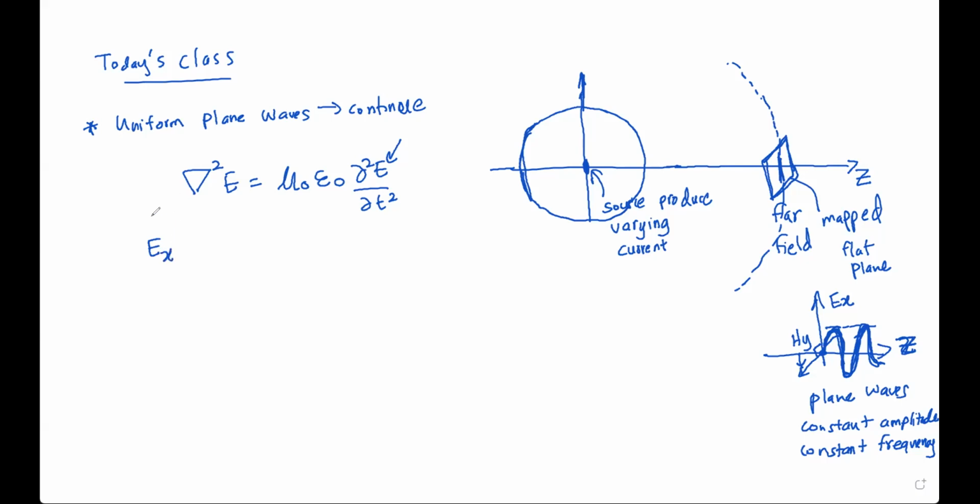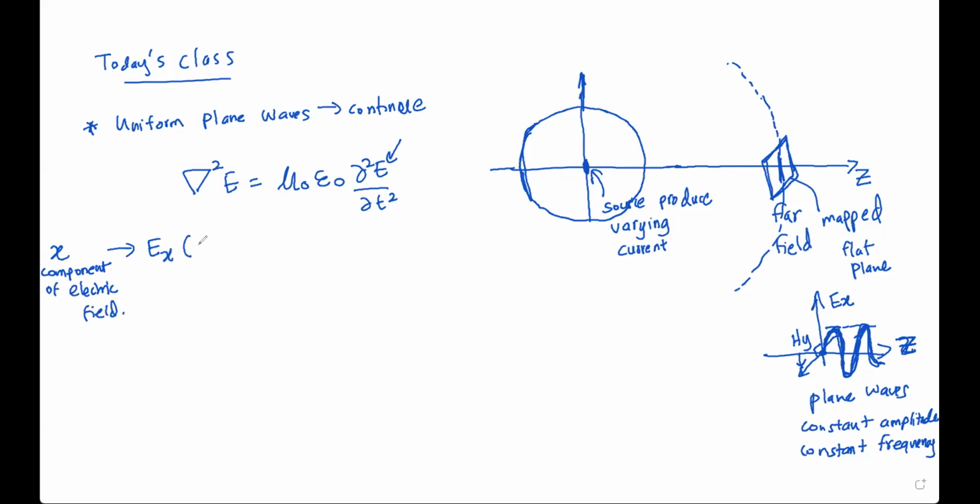So let's consider the X component of the electric field, and we will study the behavior of that electric field component using this wave equation. We are going to only take the x component of the electric field, which we call Ex.